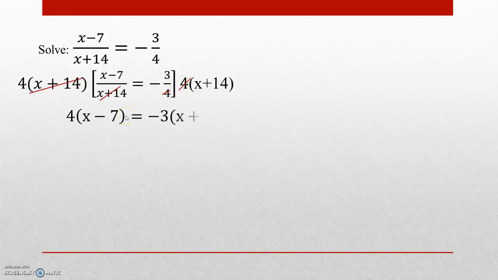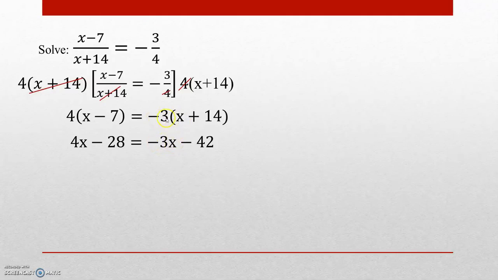So, what is left is 4 times yung x minus 7 dito equals negative 3 times x plus 14. So, let's simplify that. 4 times x is 4x. 4 times negative 7 is negative 28 equals negative 3 times x is negative 3x.